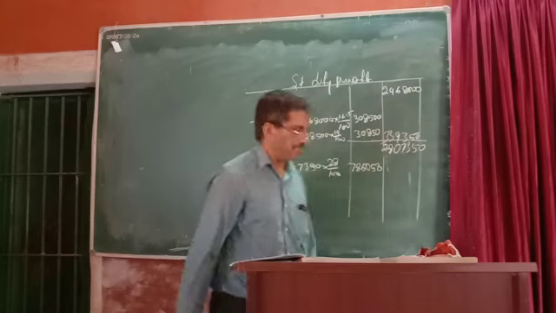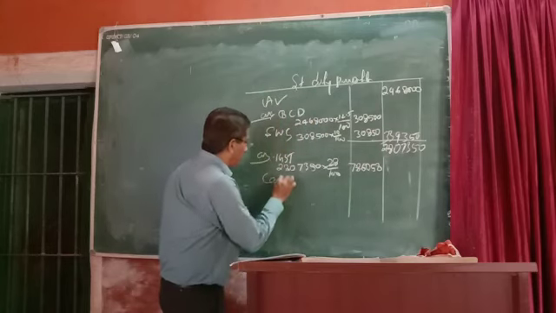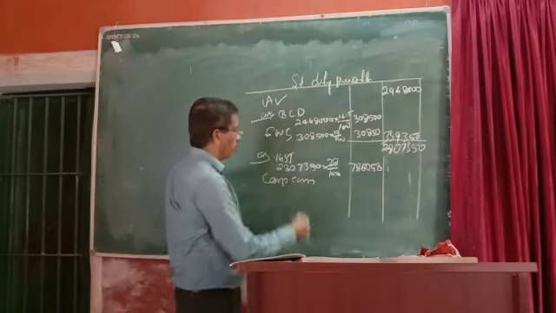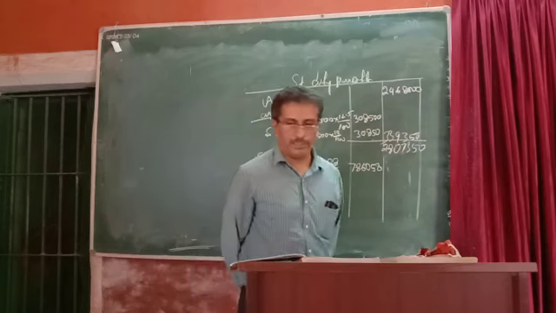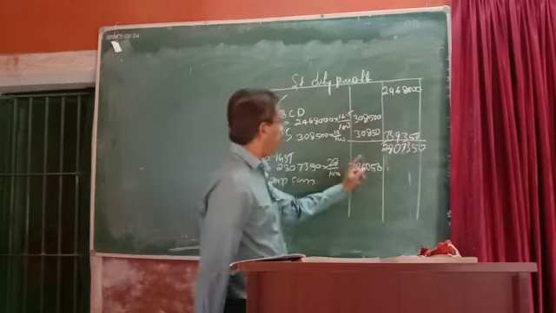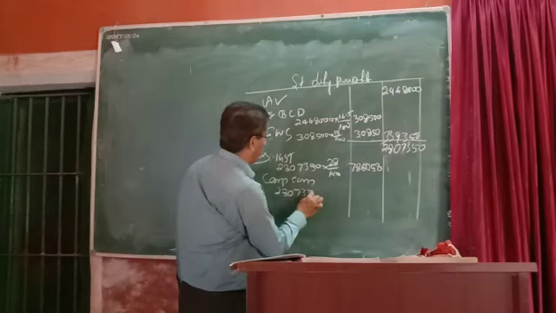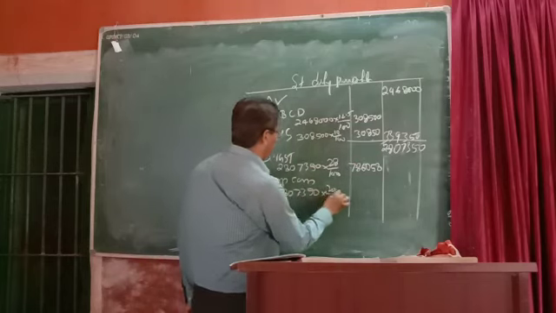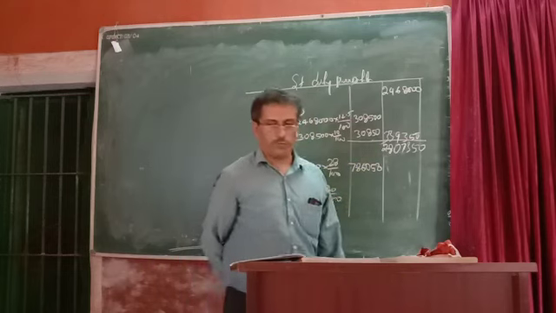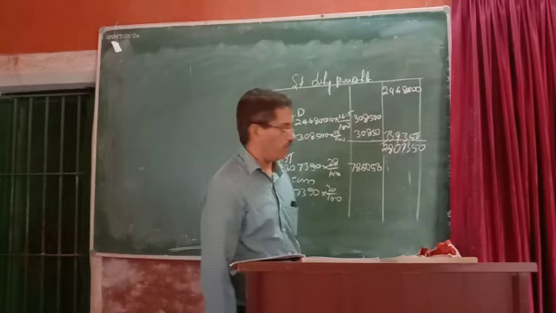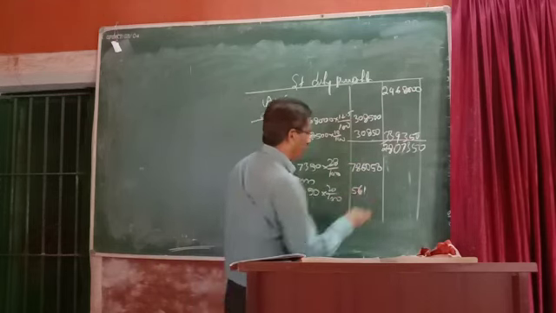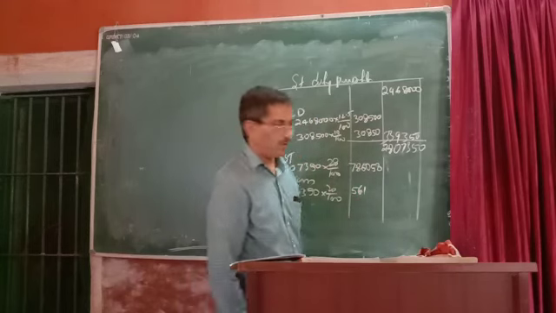Then in this particular problem, one more extra is the compensation cess. Compensation cess here is 20% on this same 28,07,350. Into 20% should be 5,61,470.